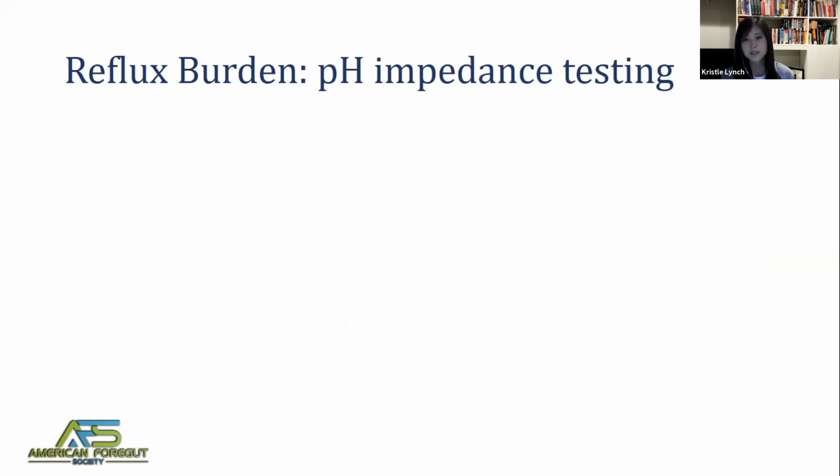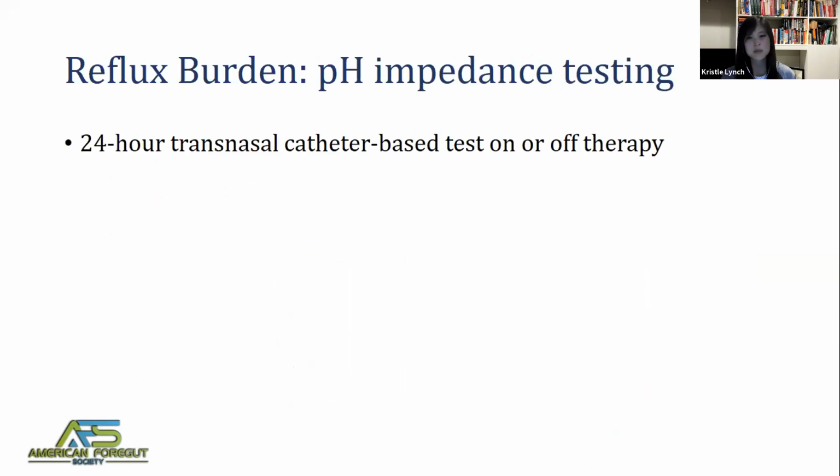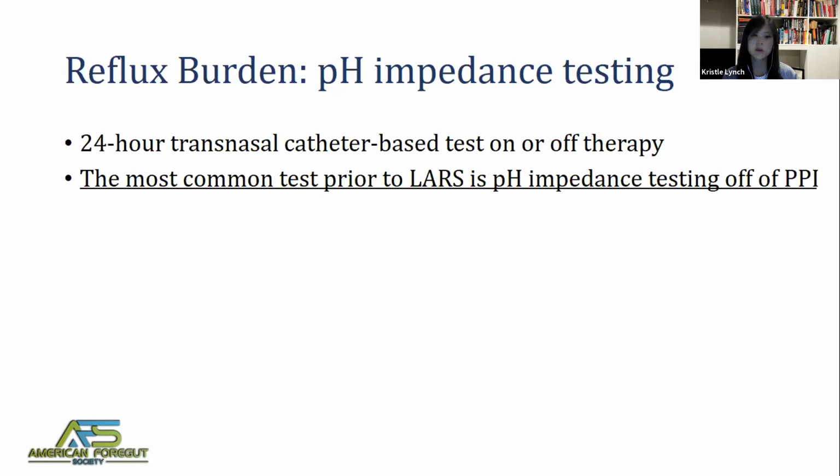So catheter-based pH impedance testing can be done on or off of therapy, but is most commonly done off of PPI therapy. The most common test prior to laparoscopic anti-reflux surgery is a pH impedance testing off of PPI.